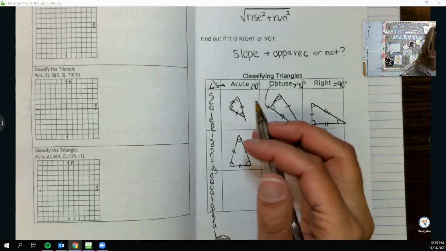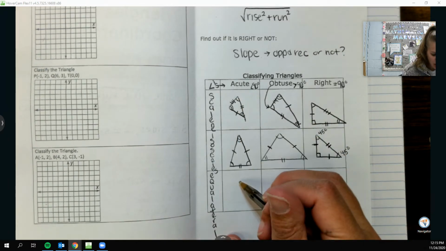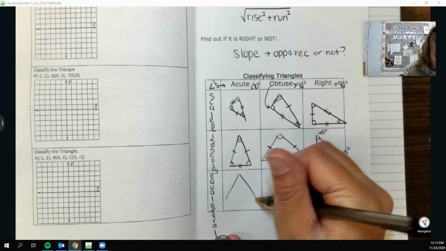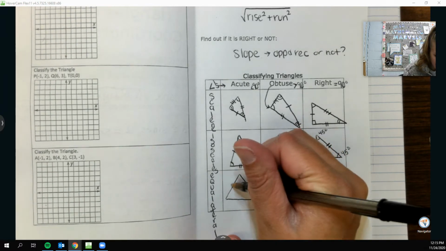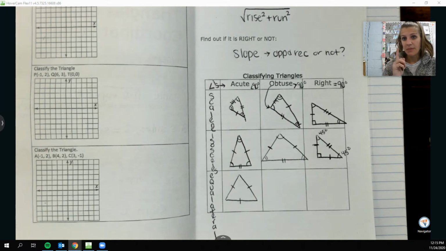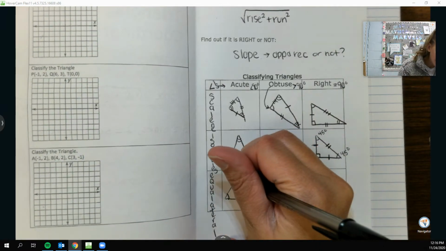So I can be acute equilateral, because if all my sides are the same, all my angles need to be the same. And if the three of them have to add up to equal 180, and they all have to be the same, then each one has to be 60.